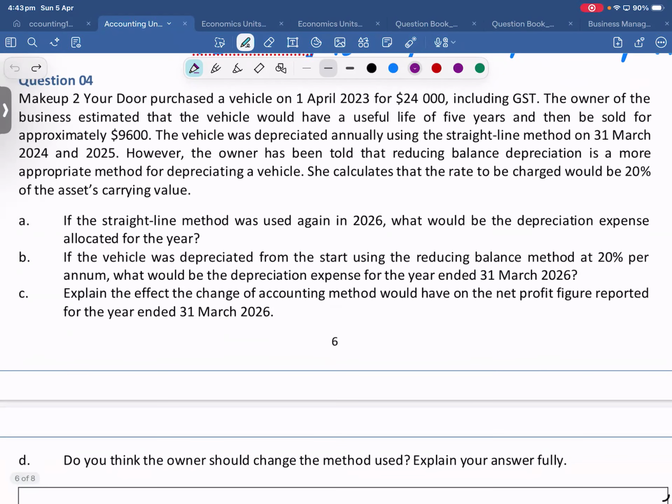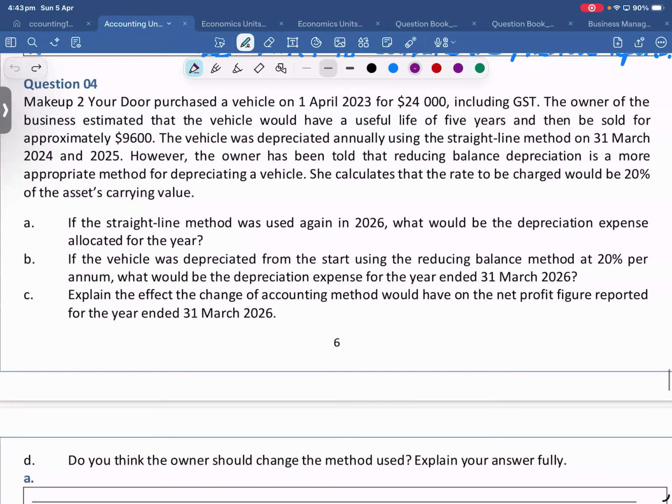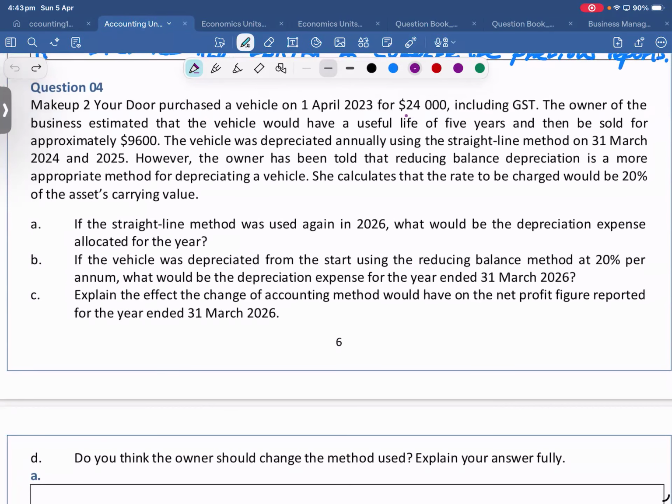So then, first of all, if the straight line method was used in 26, what would be the depreciation expense allocated for the year? Right. So the cost of the vehicle is 24,000, including GST, and then 9,600 is the residual value.